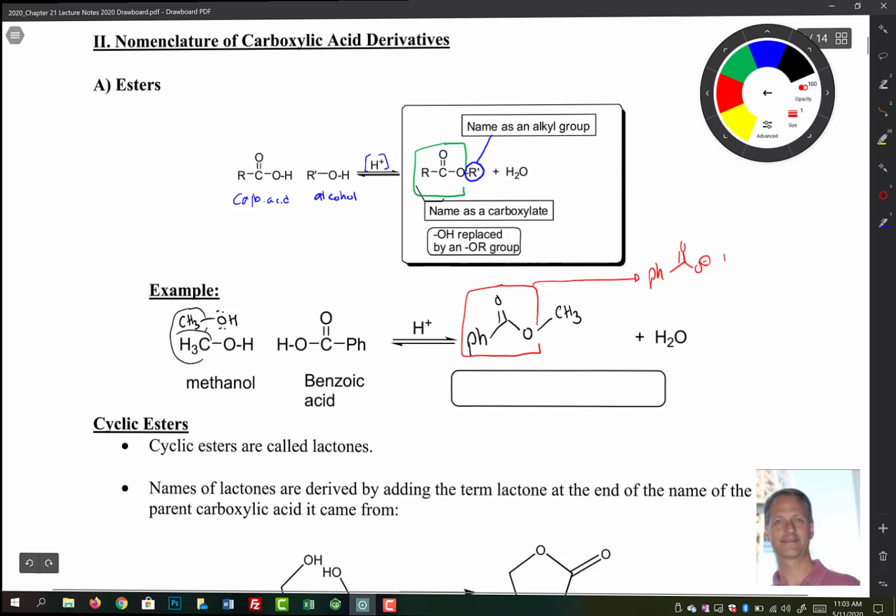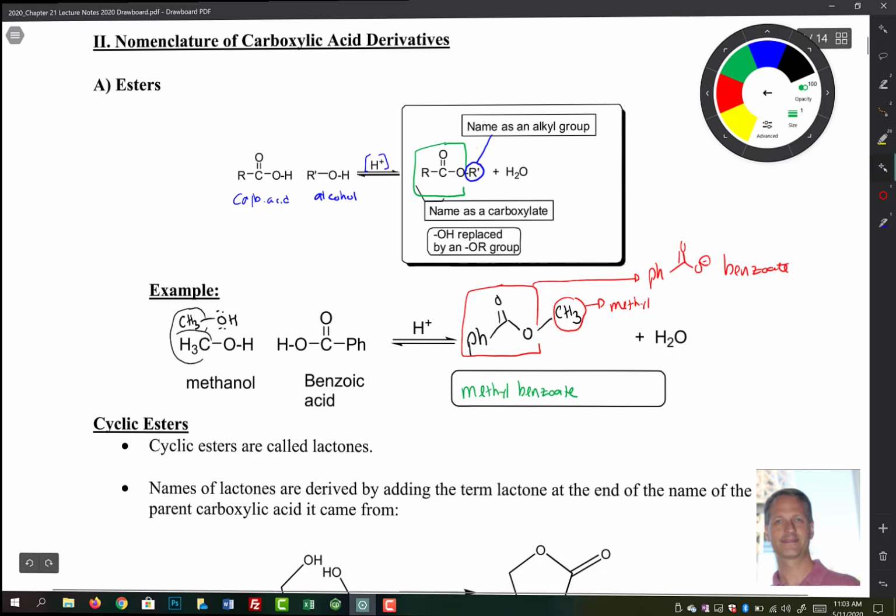So benzoate. And then of course we know that that's a methyl. So when we put those together, we get methyl benzoate. So fairly straightforward, right?